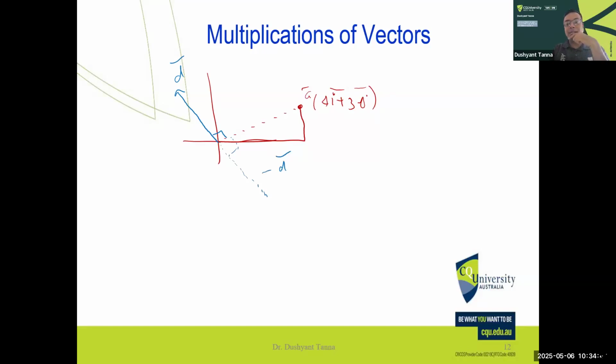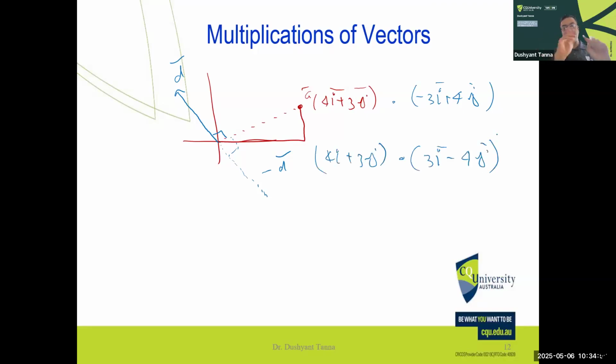So we figured out that D was minus 3i plus 4j, which is perpendicular. We could also have done 4i 3j dot 3i minus 4j. You swap x and y coordinate, that's fine, but give a minus any way you like. This one, the dot product will still be 0. Because that's also 90 degree. 90 degree can go in either way.